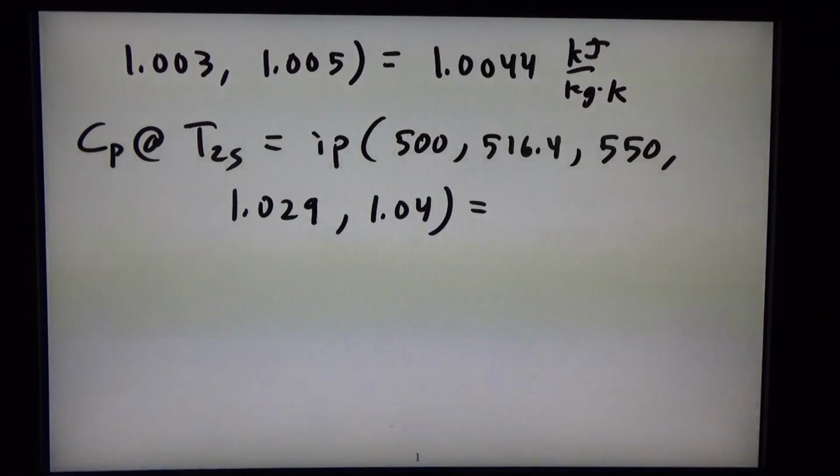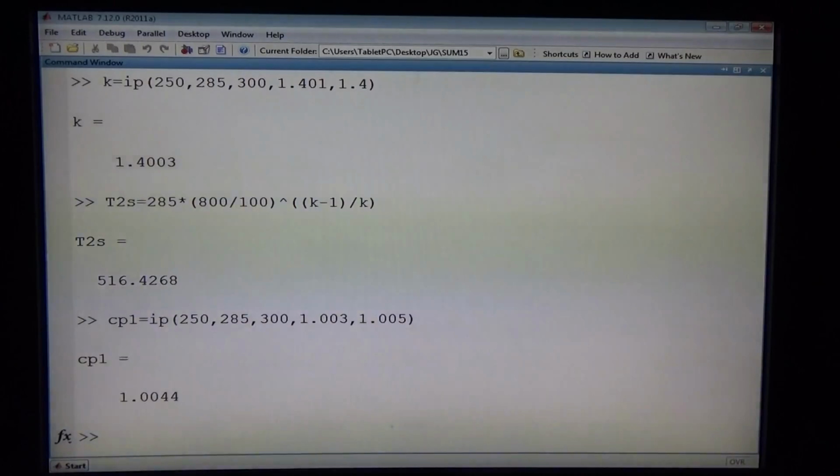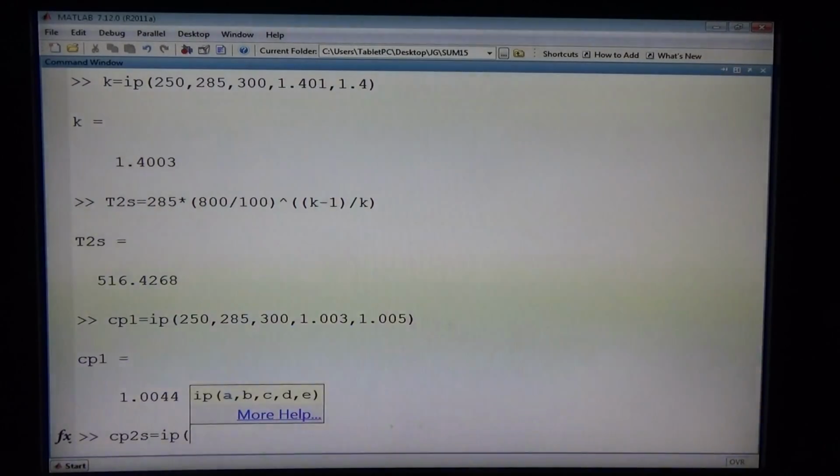For C sub P at state 2S, here we're interpolating 500, T2S, 550, 1.029, and 1.04.